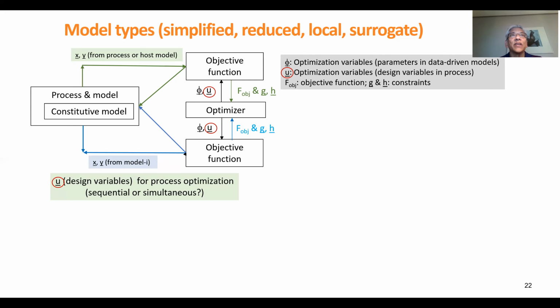So then the optimizer, instead of going to the process of the host model, will go to the model I and get the objective function values, and we will get the solution. But are these solutions correct? So what people did before was that they used a simple model, which they also call a local model, in the blue loop.